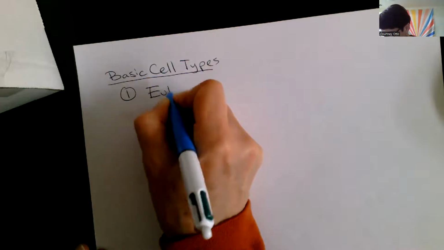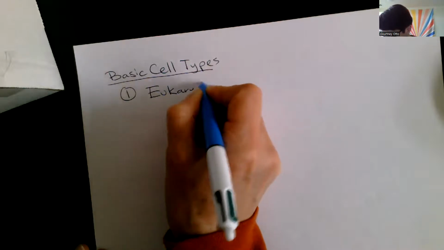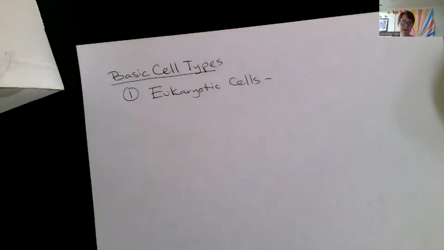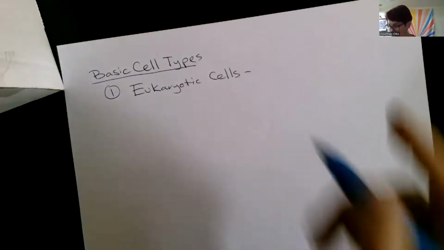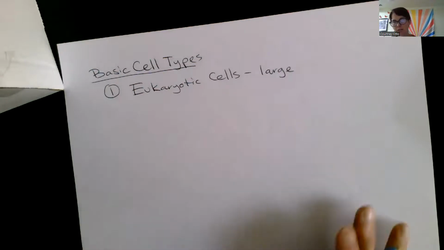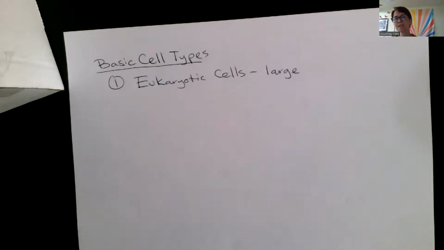So I'm pretty sure I used this term earlier in the semester, but I want to just remind you of it. So eukaryotic cells like plant cells are going to be these relatively large cells. And this is going to be in comparison to our other cell type. They're going to be these relatively large cells with nuclei and other membrane-bound organelles.